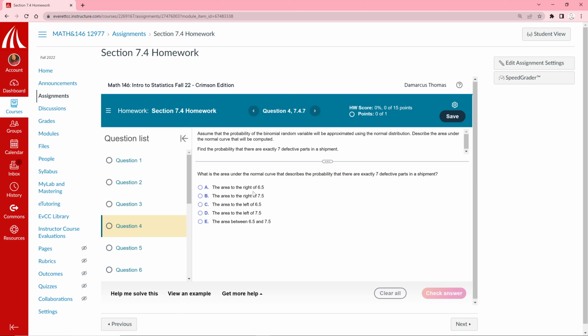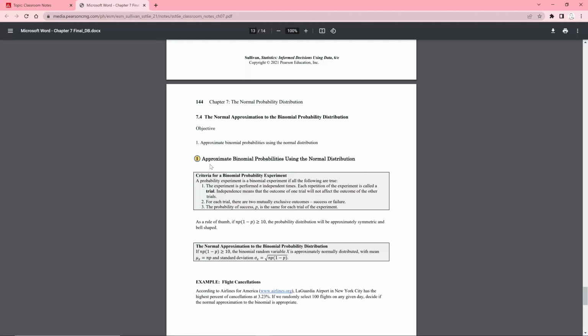And let's take a look at approximating a binomial using the normal's bell-shaped curve. Okay, here we go. It's actually 7. The normal approximation to the binomial probability distribution. Let's see if they actually give an example of this or not.